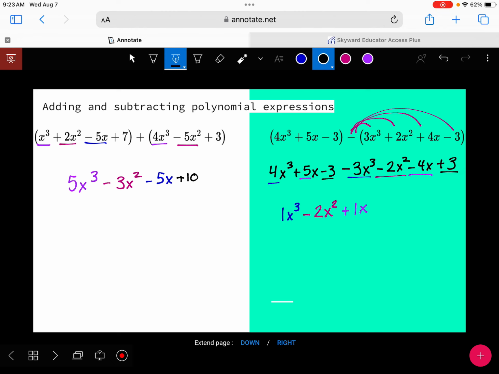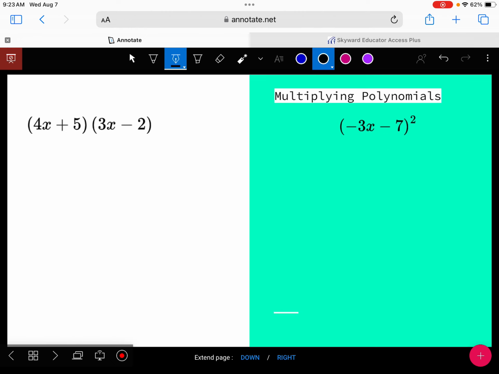Questions about either of these two? Okie dokie. We're going to remember how to multiply them now. There are several options on how to multiply them. You may box them. Some people may remember FOIL. We may do distribution.